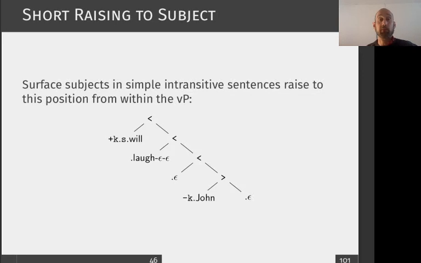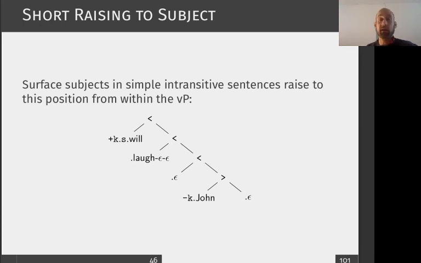So here's how we derive raising to subject. In the process of building the sentence John will laugh, first we merge John and laugh, and then we merge will. And we have this structure here. I've done a couple of head movements. Okay. In this structure, John is a maximal projection, right? The leaf John is a maximal projection by itself, and it still has a feature. It has a minus k feature. Okay.